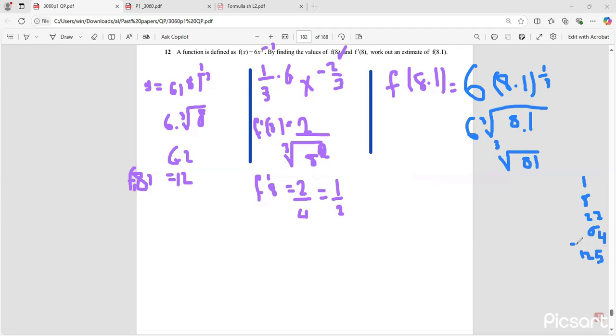So the number 81 will be in the middle of 4 cubed and 5 cubed. So it's in between, maybe midway. So we can say that it is maybe 4.5.